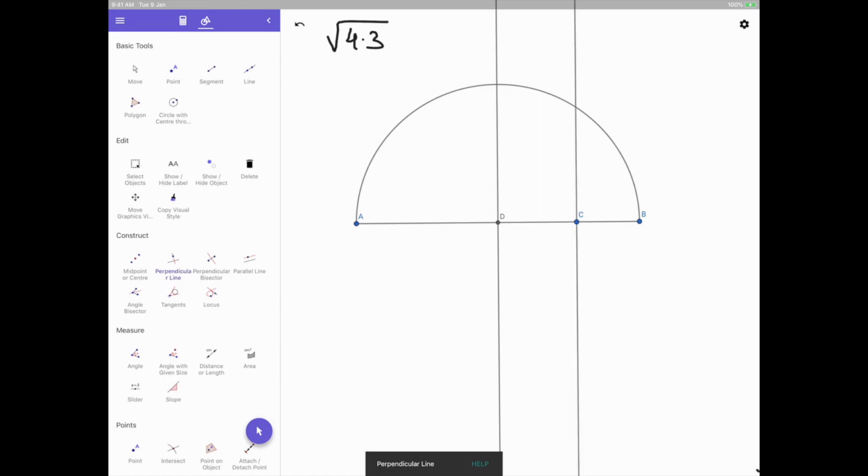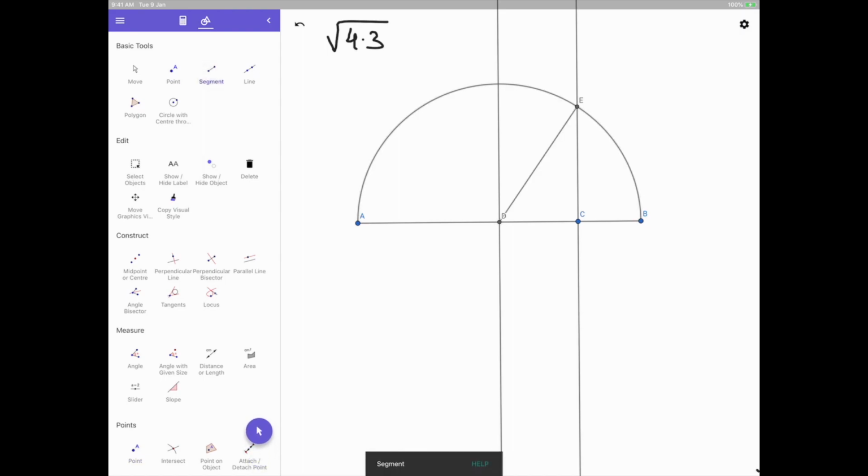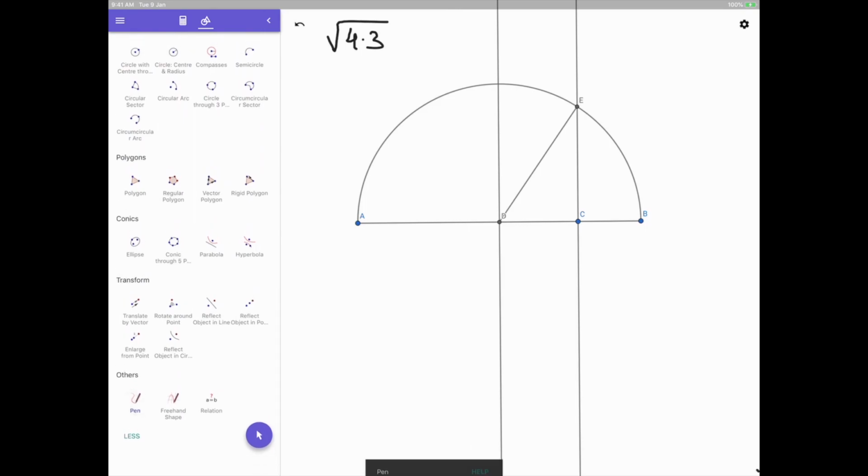And now we join this point D with the point E. Alright, now this is what we have obtained. Now this is a perpendicular, so a 90-degree angle is formed.